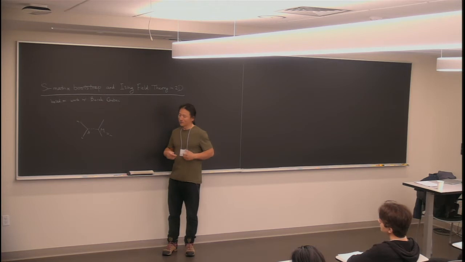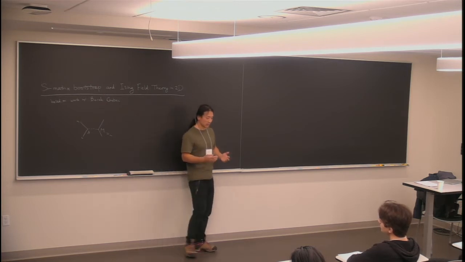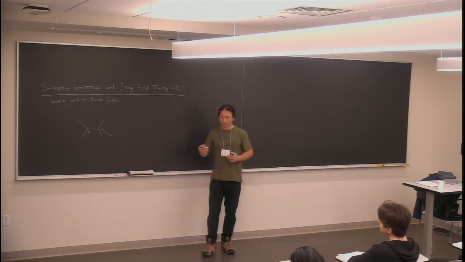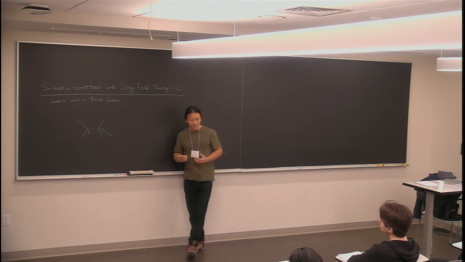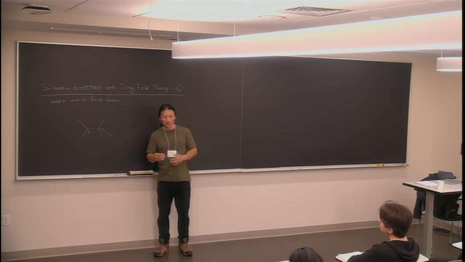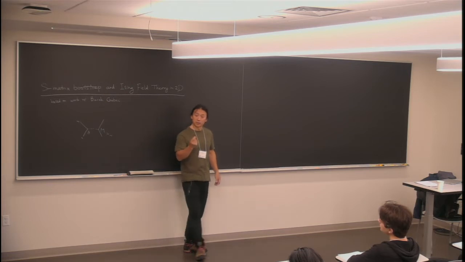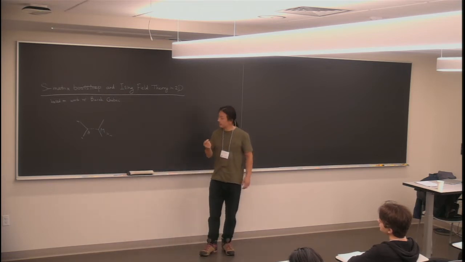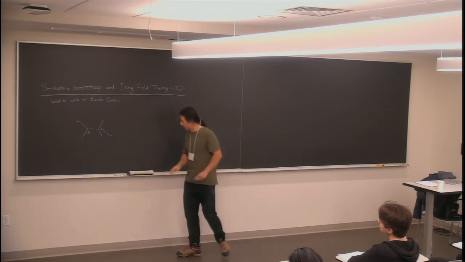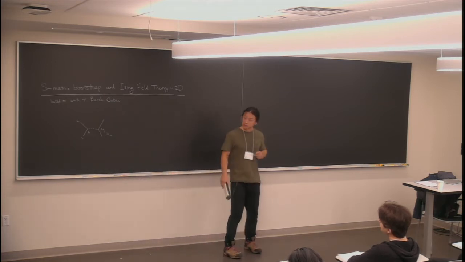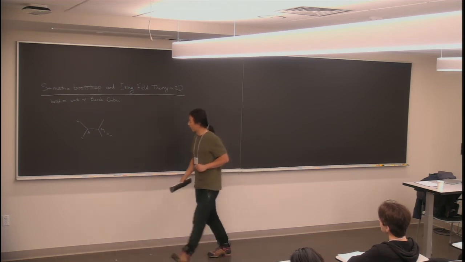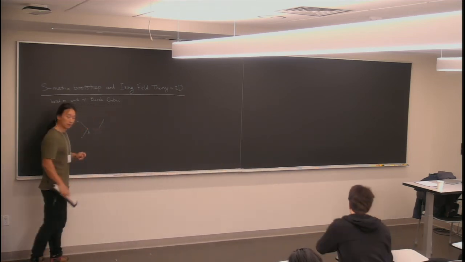But if you restrict yourself to high energy resonances, at some fixed higher energy, with a decay width not too small, then there's a reasonable chance, at least no contradiction with the effective field theory reasoning, that you might be able to pin down the position of those resonances on the complex S-plane just from low energy data. I will show that this is actually possible in a very precise way in 2 dimensions. And I'll discuss the application of this idea to the Ising field theory.